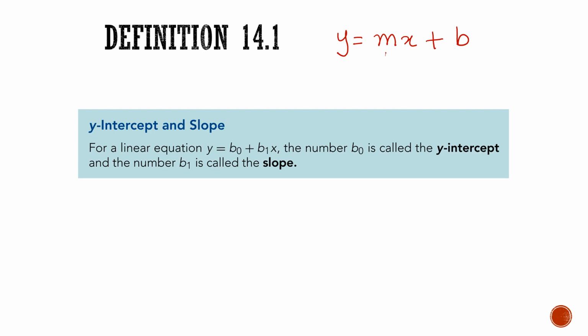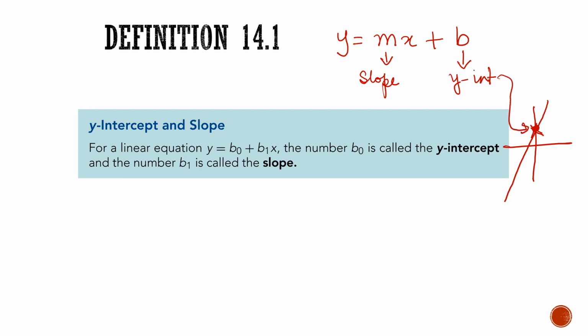And m represents the slope of the line and b represents the y-intercept. What is an intercept? The y-intercept is a point on the y-axis where the line crosses or intersects with the axis.